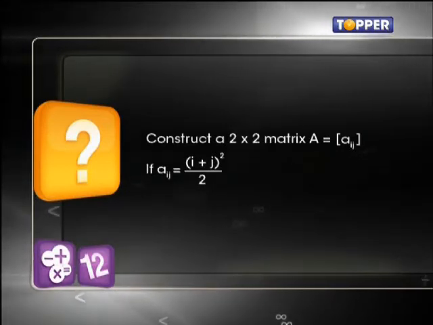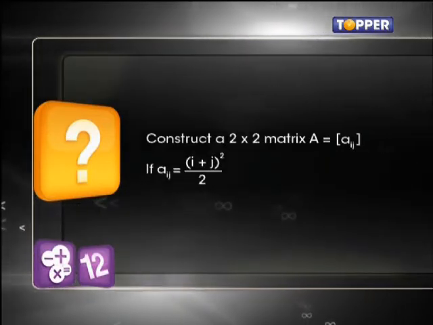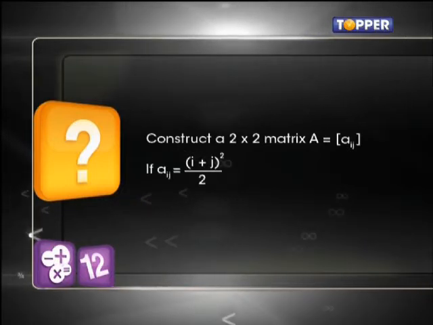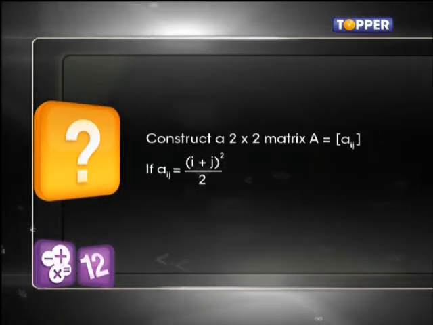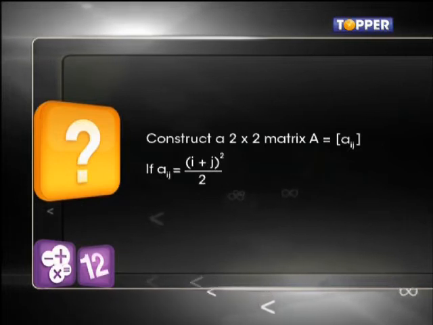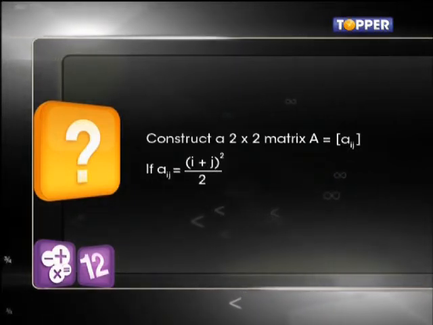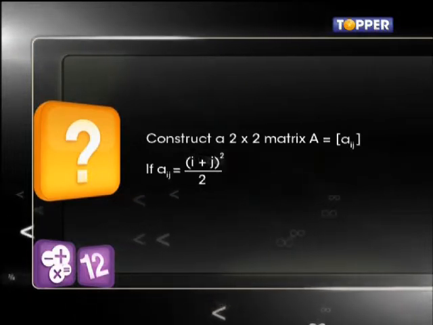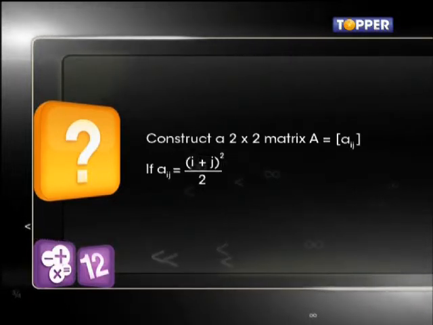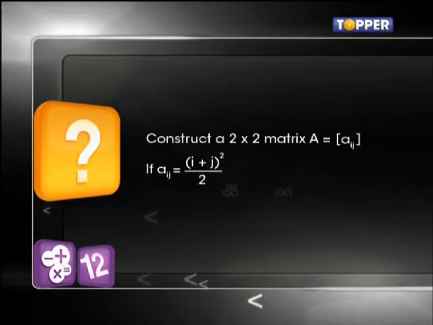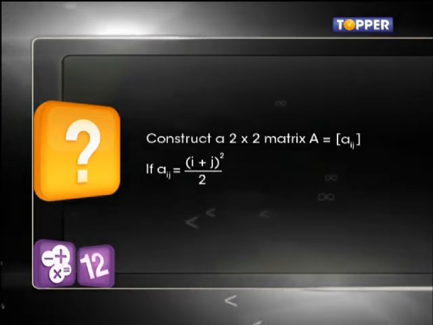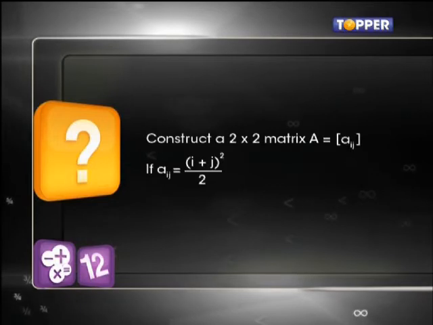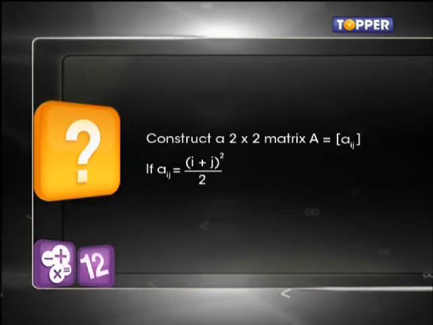Before the break, we asked you to construct a 2 by 2 matrix for A equal to aij if aij equal to (i plus j) square by 2. Now it's time to find the answer. As you can see, A is a matrix aij of order 2 into 2, where aij is (i plus j) square by 2.